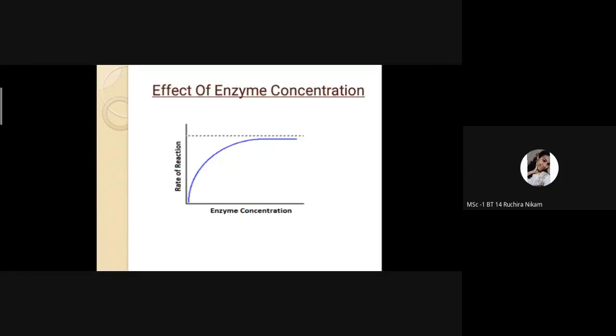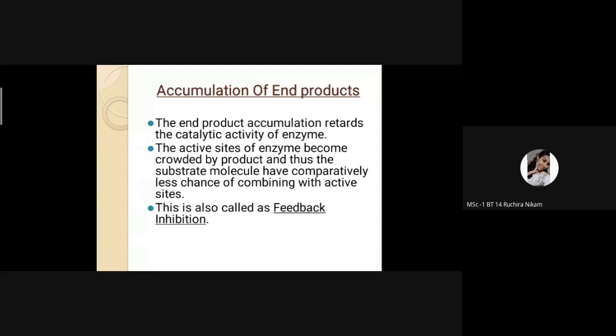The third factor affecting the enzyme activity will be accumulation of end products. As the reaction proceeds and end products are formed, the product starts to accumulate and the activity of enzyme starts to decrease.